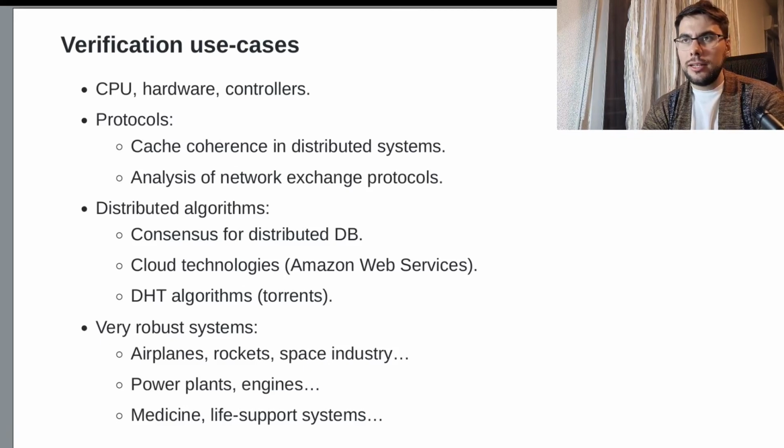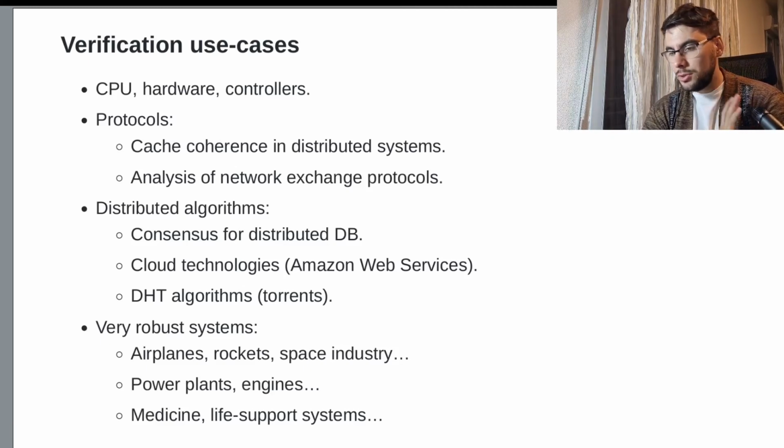The second thing is protocols. Protocols and everything that is distributed actually is very difficult to test precisely because of the non-determinism. So whenever we have to analyze network exchange protocols or analyze some properties of distributed systems, like guarantee the cache coherence, this is where verification and model checking may be of a great use.